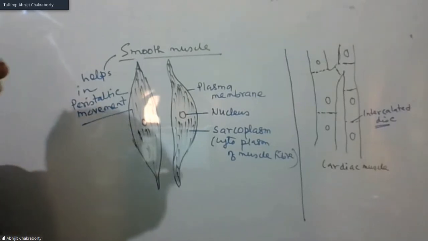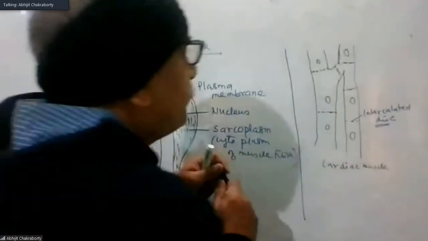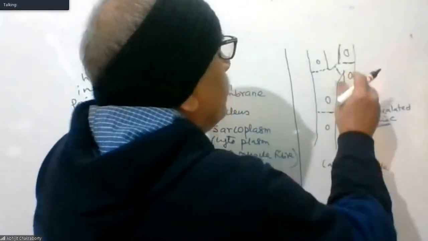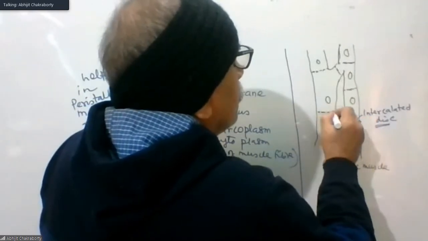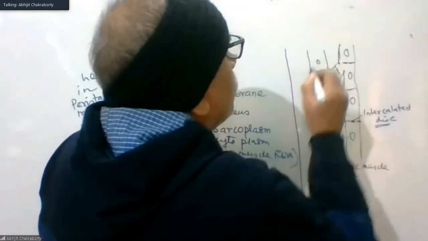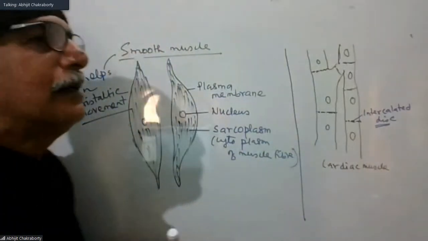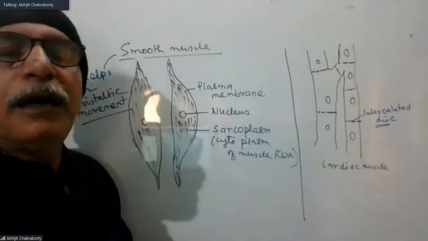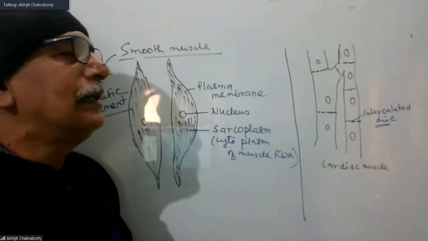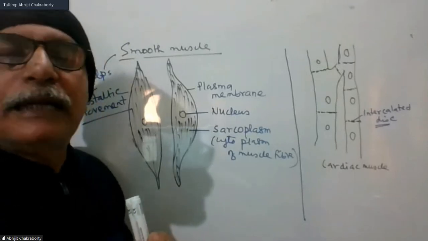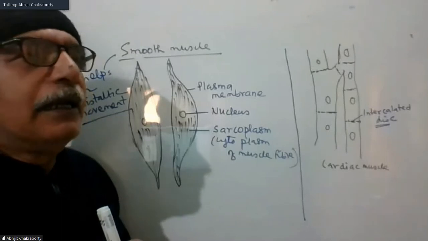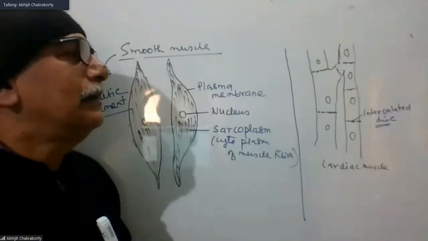Each fiber is uninucleate, but they are joined by dark intercalated discs so that they can help with uniform conduction of impulse, which is very much required for the functioning of the heart. And why cardiac muscle never gets fatigued, I already discussed. Can you remember? Cardiac muscle never gets fatigued.